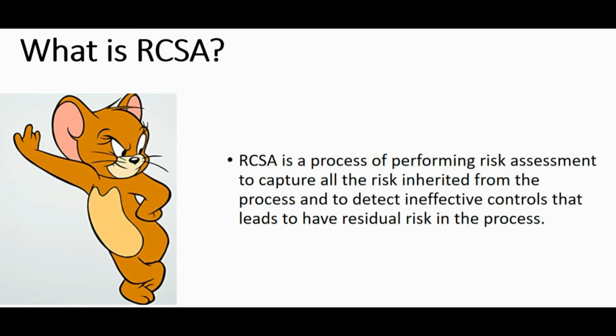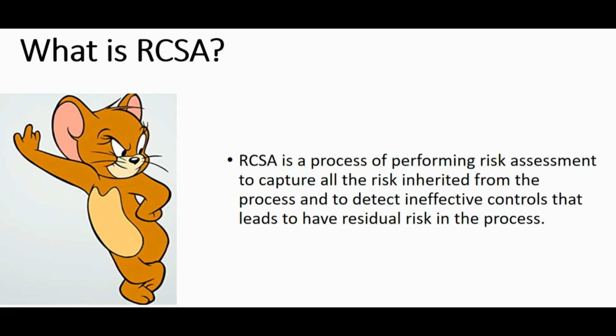RCSA is a process of performing risk assessment to capture all the risk inherited from the process and to detect ineffective controls that lead to residual risk in the process, which means any risk that is naturally associated with the process will be identified with the help of RCSA.